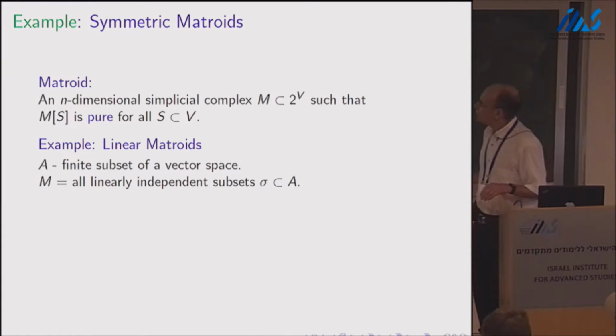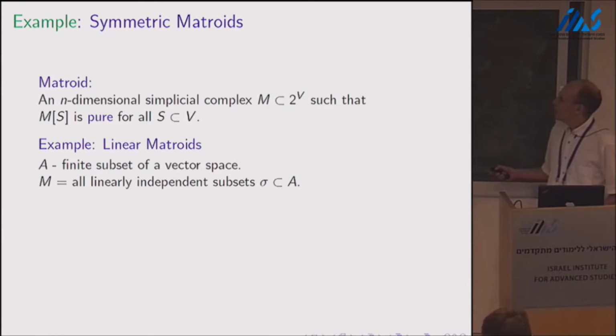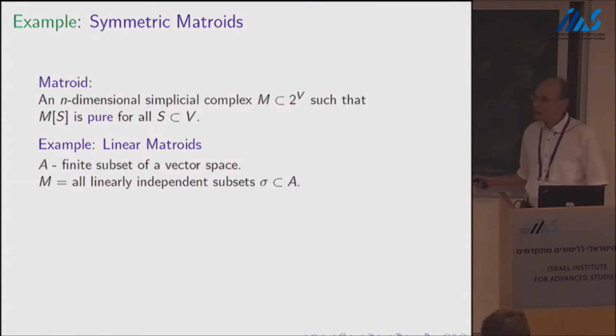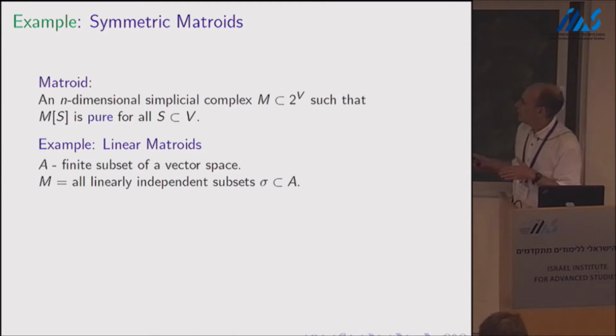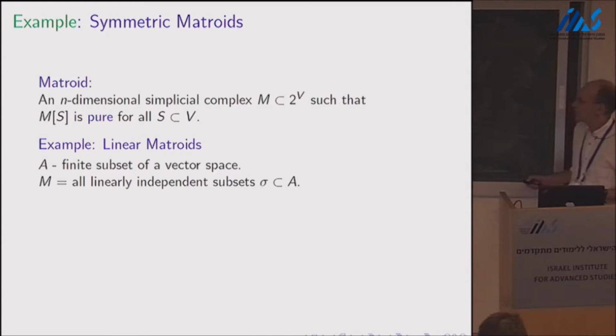A matroid is, well, here is a sort of fancy definition. A matroid is a simplicial complex on a vertex set V, such that if we take the restriction of this complex to any subset, then it will be pure. So all its maximal simplices will have the same dimension.